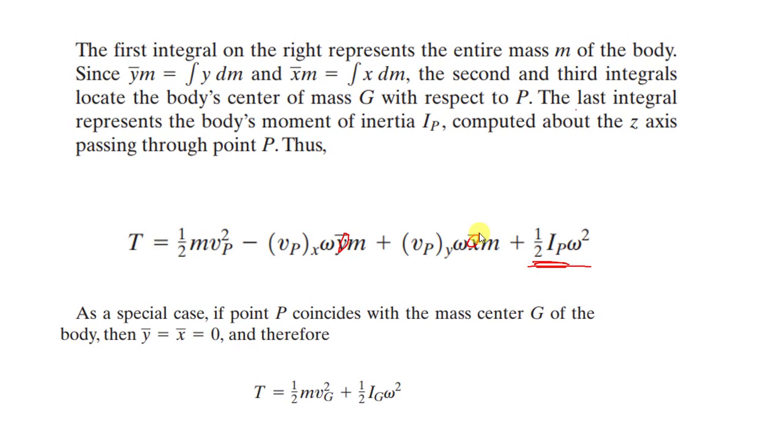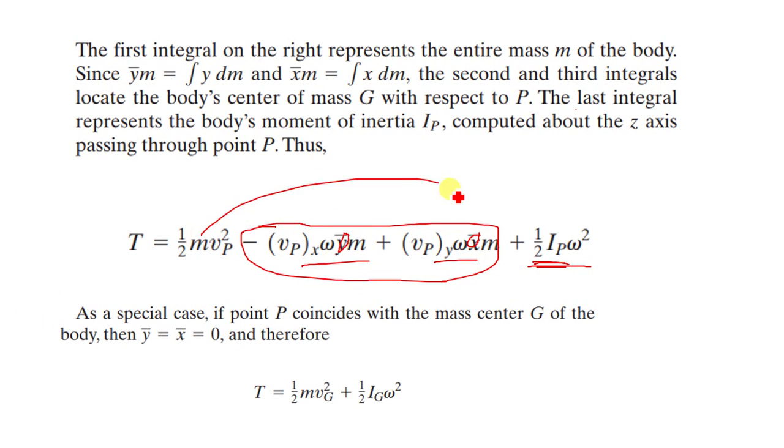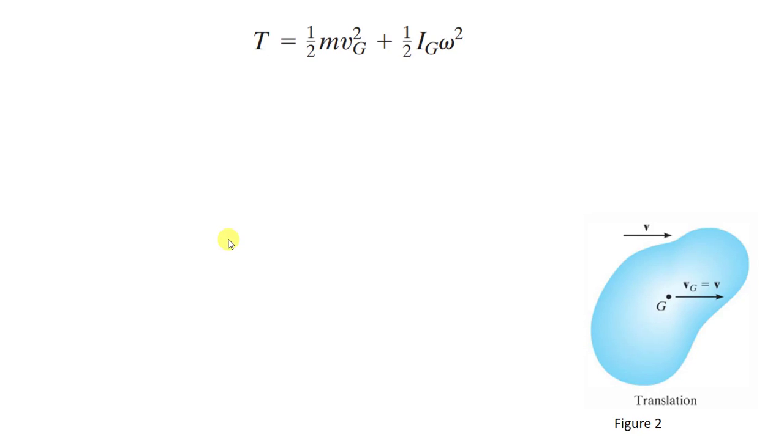When this is 0 and this is 0, this whole part will be considered to be 0, meaning you are just going to remain with these two. This is how your formula is now going to look like. It's going to be this formula.